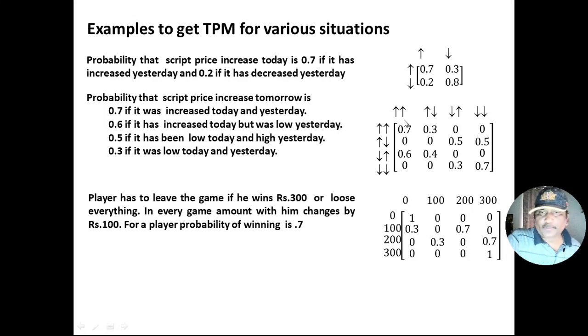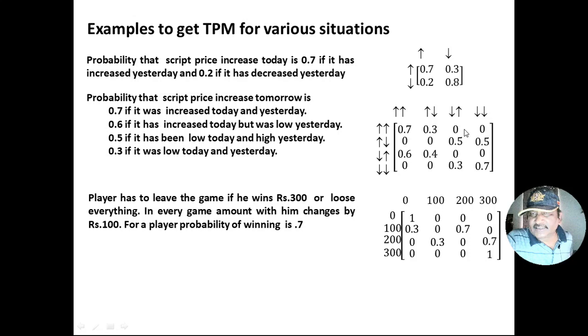0.7. So the probability of decreasing the share price tomorrow will be 0.3, because for the increase in the script price today, the probability is 0.7 provided it has increased today and yesterday.